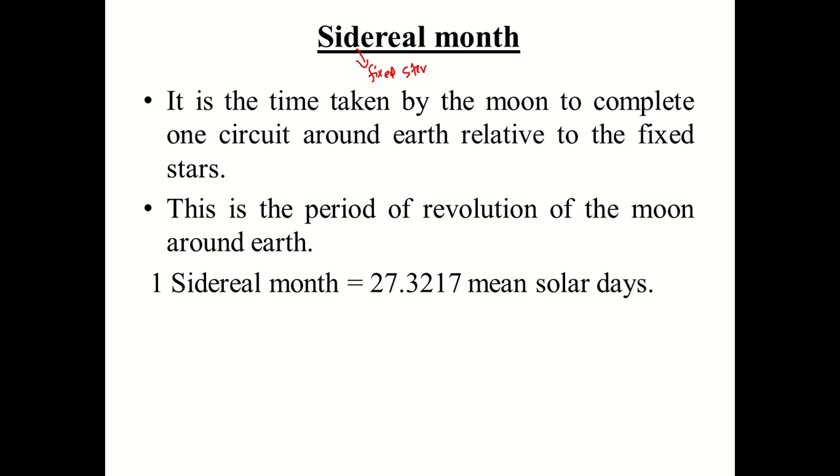So the sidereal month is the time taken by the moon to complete one circuit around the earth relative to the fixed stars. One sidereal month is equal to 27.3217 mean solar days.